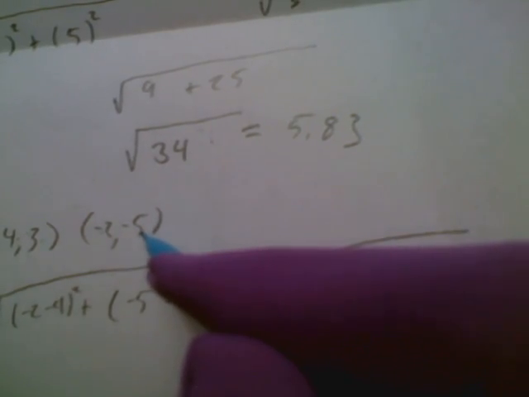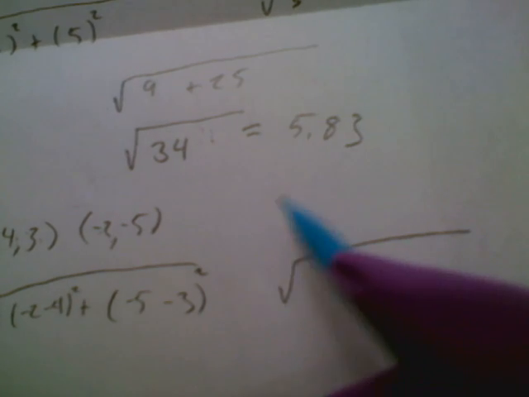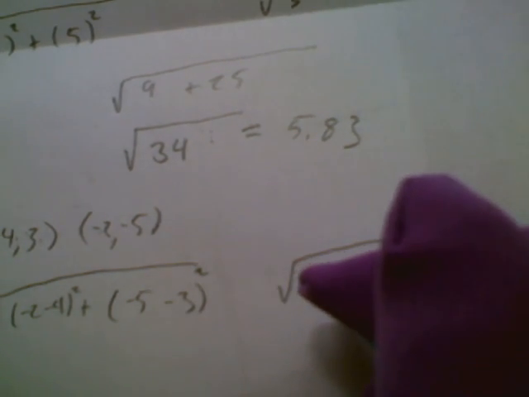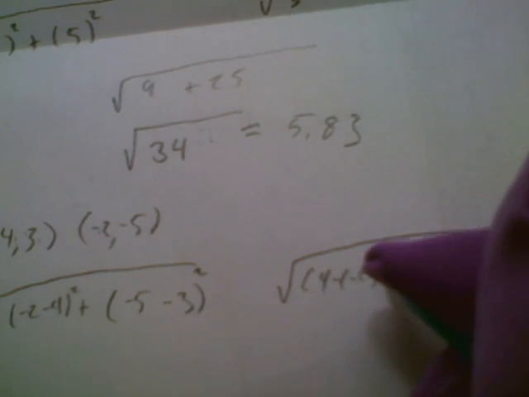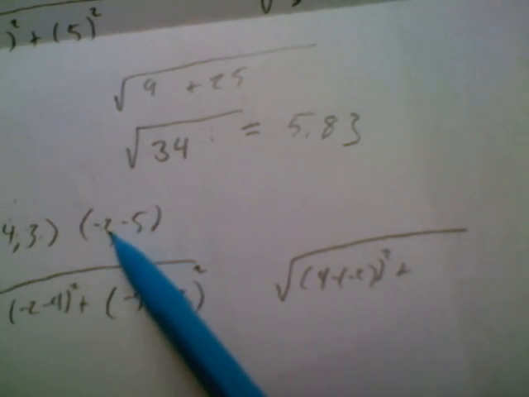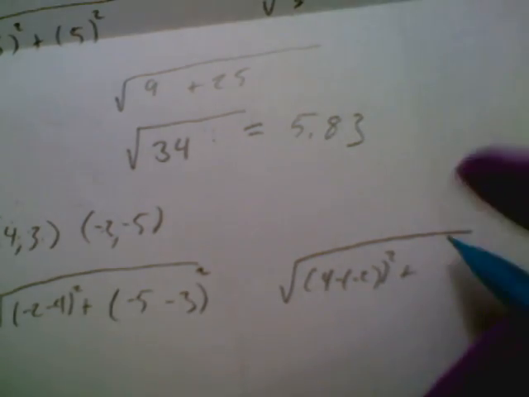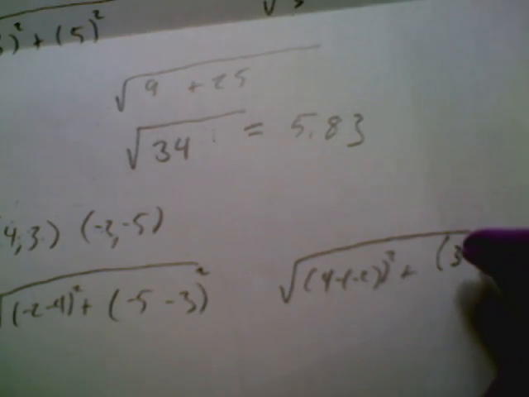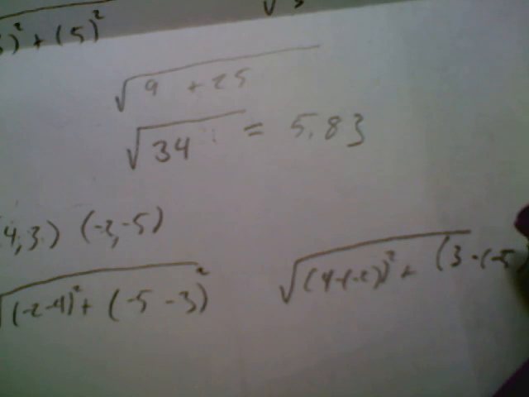We're going to say this is point 1 now, and this is point 2. It's going to be (4 minus -2) squared, x1 minus x2 squared, plus (3 minus -5) squared.